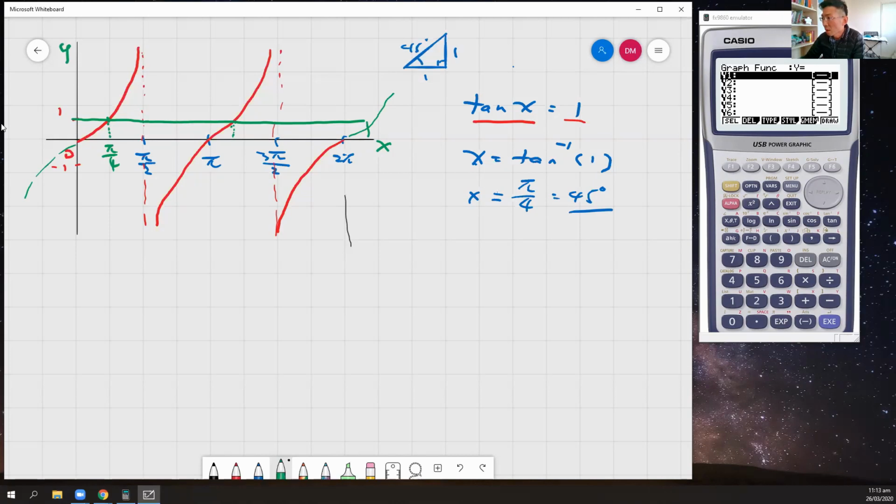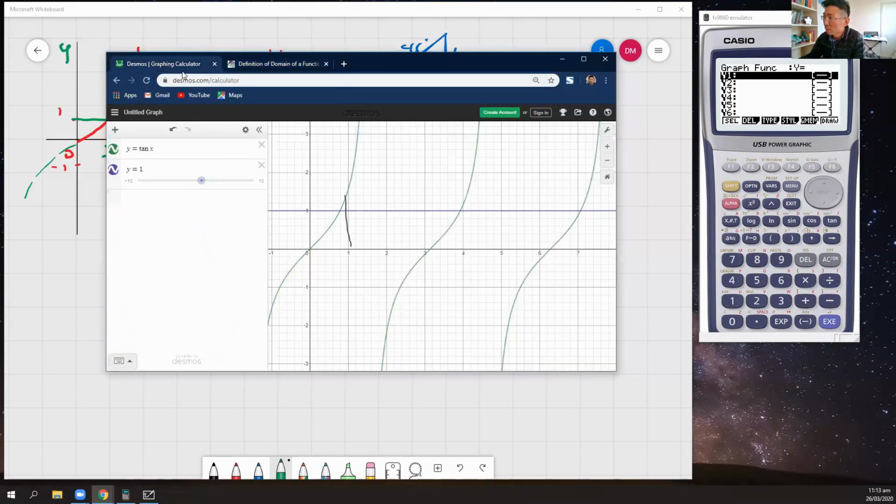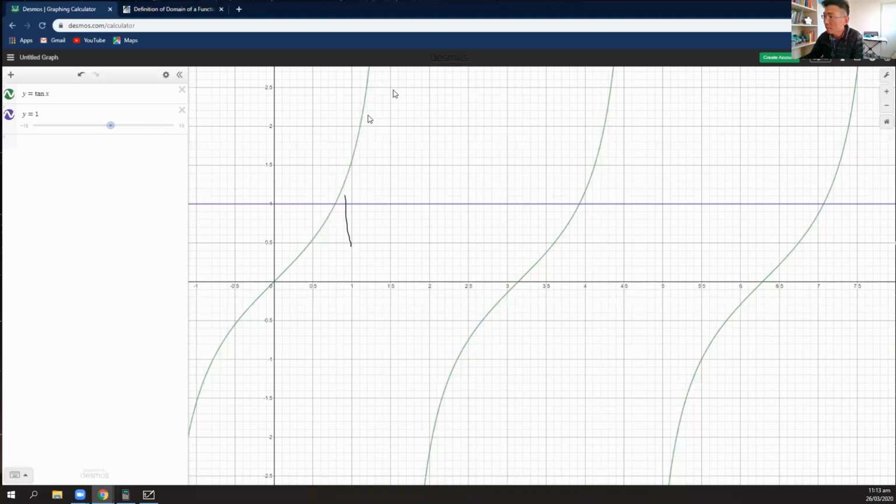So my drawing is slightly out, but I'm bringing in this one so that you can see clearly what's going on, just in case my drawing is not justifying what's going on there. So I'm going to use decimals so that you can see what's going on there.